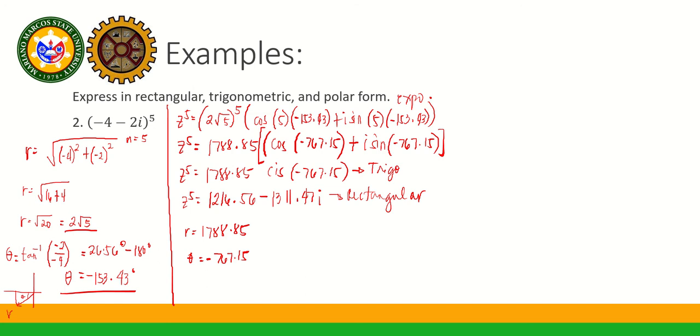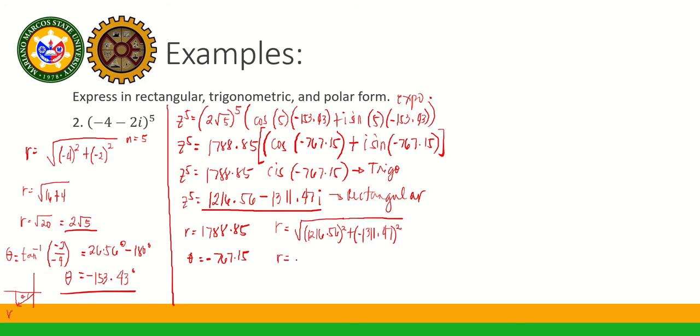So, what we do is to, since given tayo ng rectangular dito, isolve natin si R. Okay, kung tama ba dito. So, R is equal to square root of 1216.56 squared plus negative 1311.47 squared.